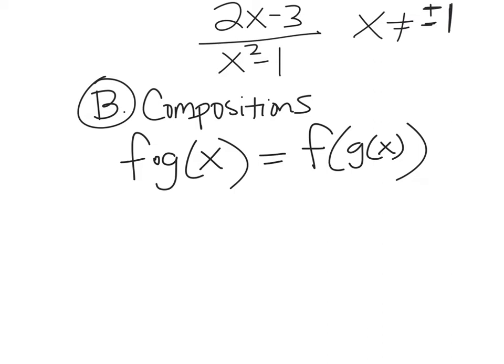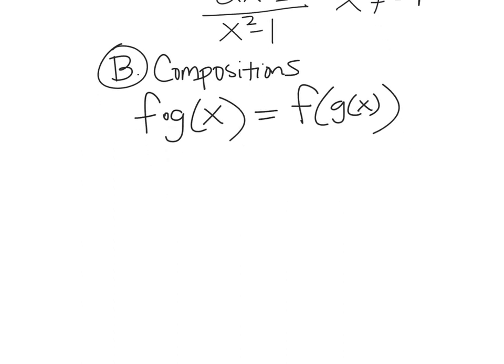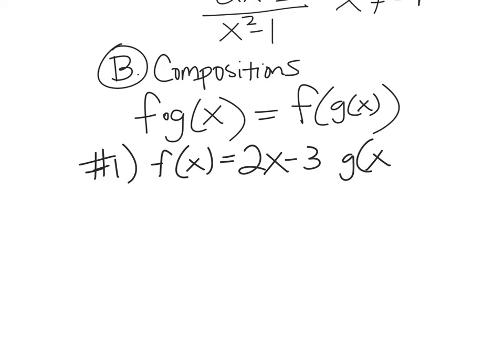Let's go ahead and do some problems with this. Number 1. Let's just stay with our same f of x and g of x from up above. f of x is 2x minus 3, and g of x is x squared minus 1.